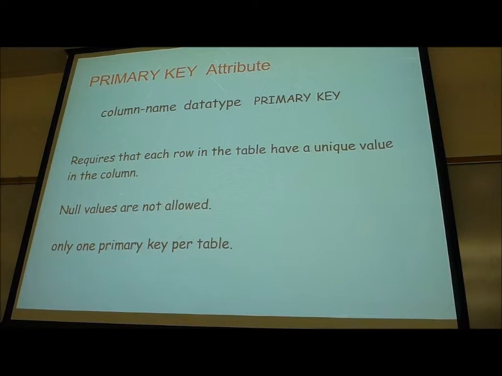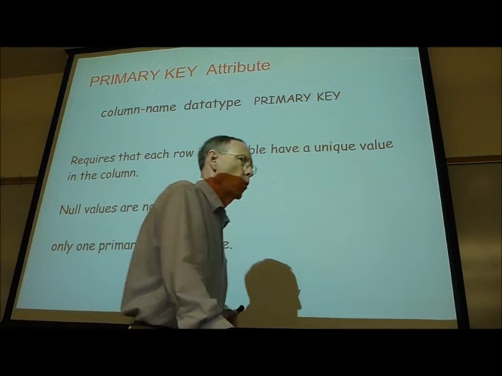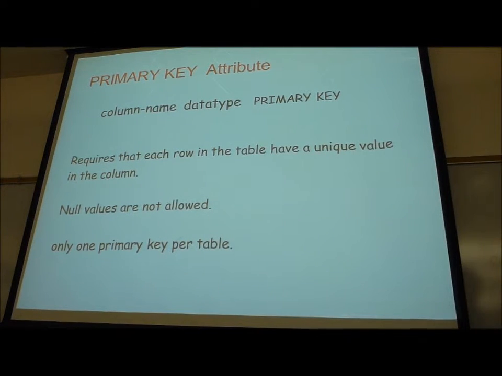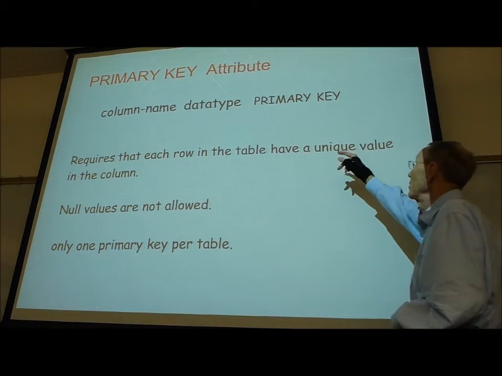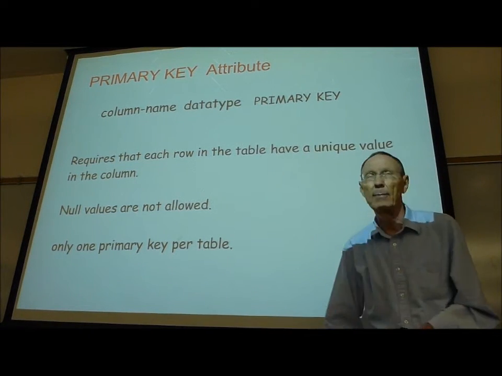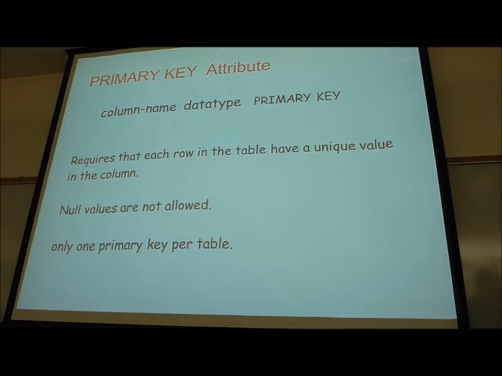Primary key. Okay. Generally, when you create your table, you're going to want to designate one of the columns that is going to uniquely identify each of your records. That's going to be treated as a column attribute, so we just put the words primary key right after that.